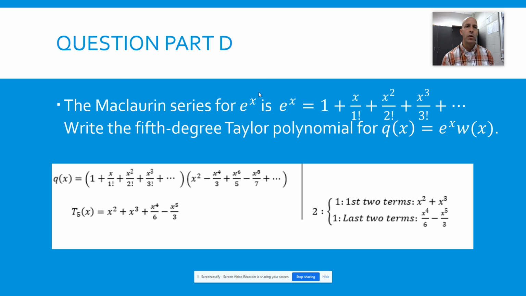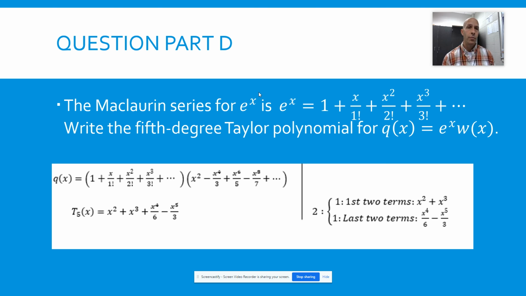When we multiply that, you multiply similarly to how you would take a polynomial times a polynomial. You have to go term by term. Through multiplication, you will find that the answer for the 5th degree Taylor polynomial, or Maclaurin polynomial, either way you want to word that, would be x squared plus x cubed plus x to the fourth over 6 minus x to the fifth over 5.